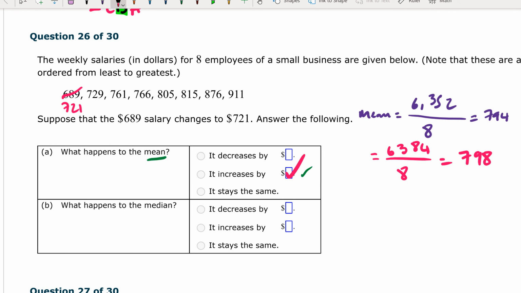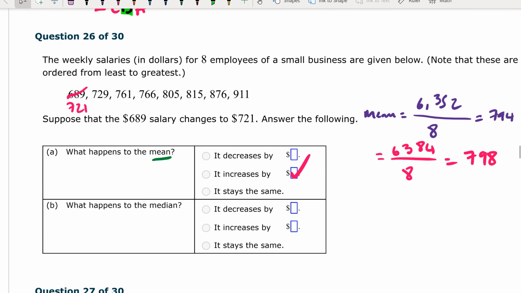Okay. Now what happened to the median? Median is the middle of the set. So 721, okay, and then 729. So if you replace 689 by 721, the order will stay the same. There's nothing changed with the set because 721 is still the least number in the set.